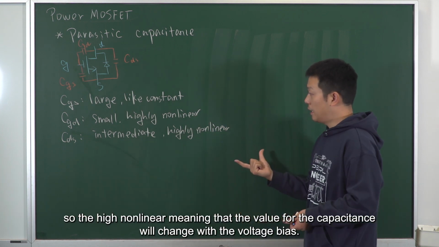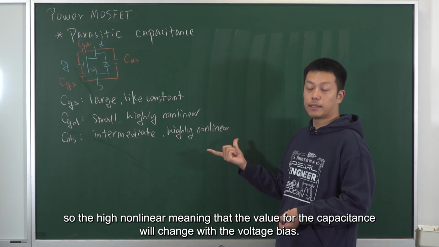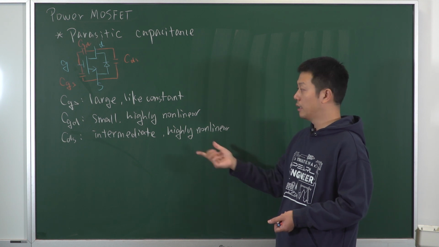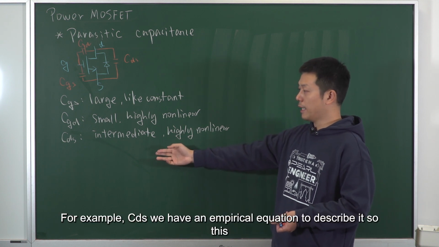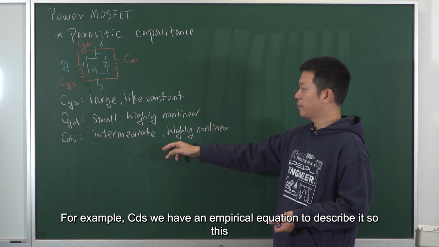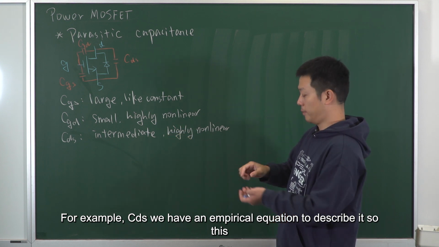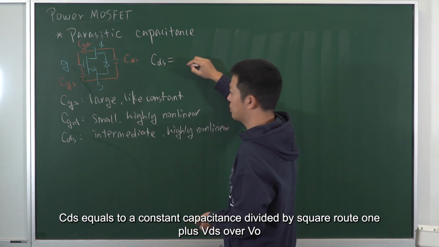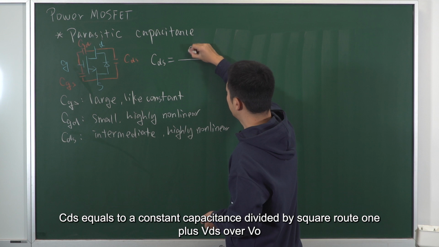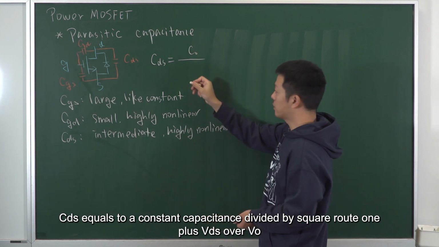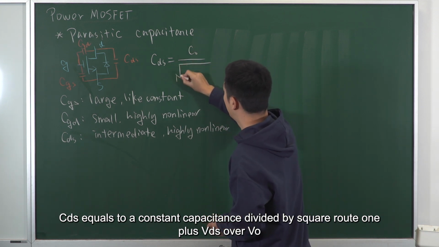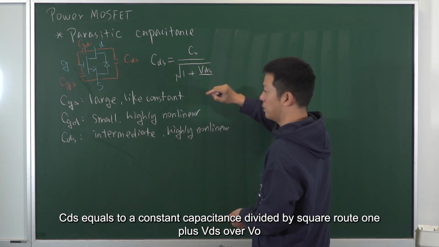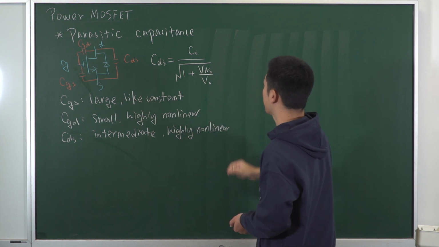So highly nonlinear means that the value of the capacitance will change with the voltage bias. For example, for CDS, we have an empirical equation to describe it. CDS equals a constant capacitance divided by the square root of 1 plus VDS over VO.